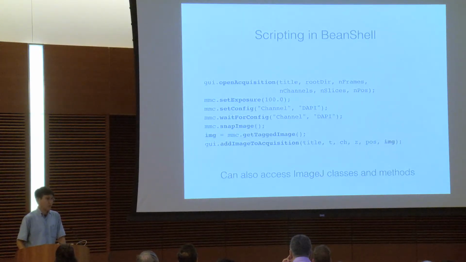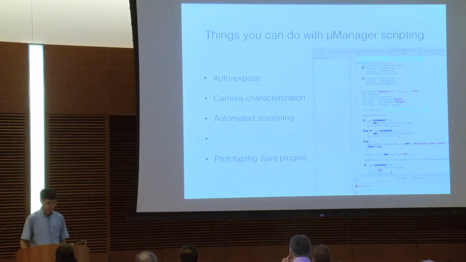The standard way of scripting µManager is to use the built-in BeanShell scripting capability. And you can combine hardware control and image analysis through ImageJ facilities. And we have a built-in script editor. And people have done all sorts of things with this, but just a few examples. You can run an automatic exposure to determine the correct length of exposure that would require image analysis.